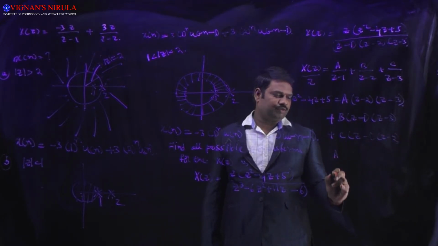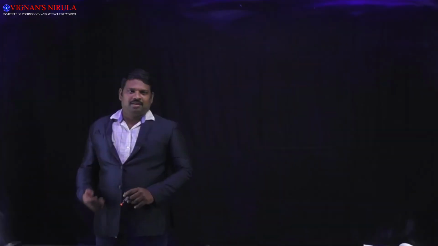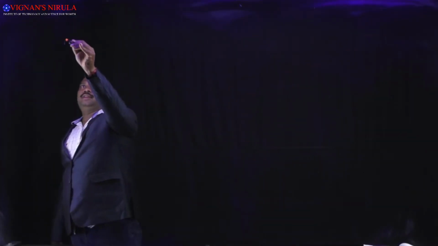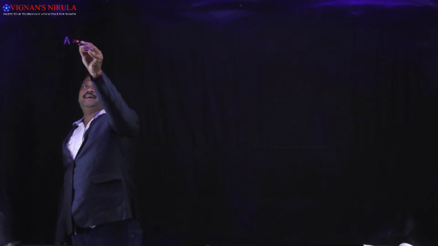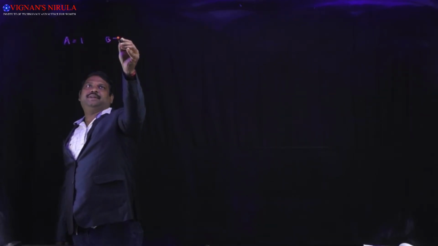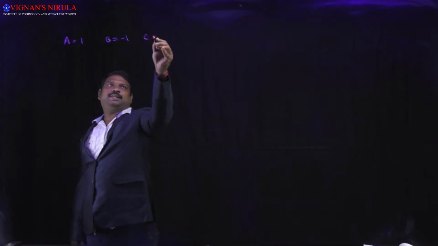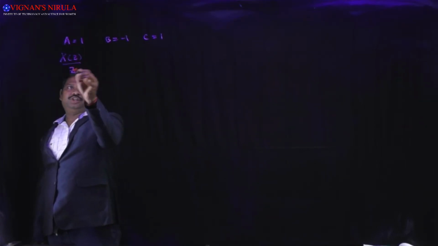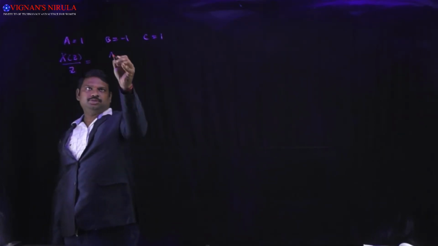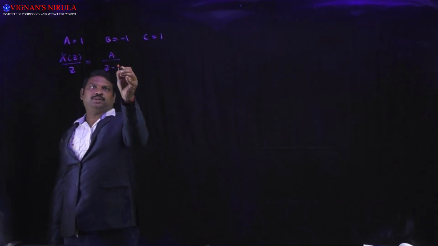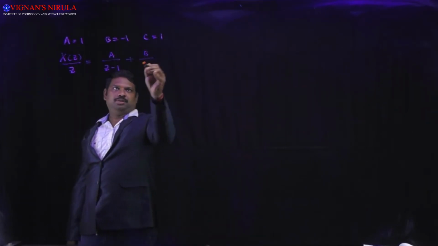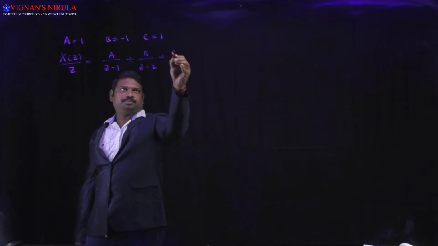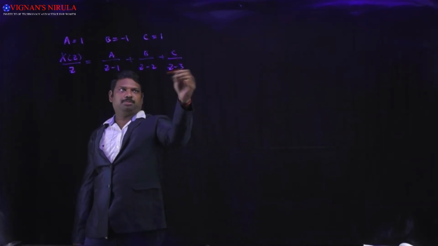Find the values of a, b and c. Then the values will be a as 1, b as minus 1 and c as 1. Therefore x of z by z is a by z minus 1 plus b by z minus 2 plus c by z minus 3.